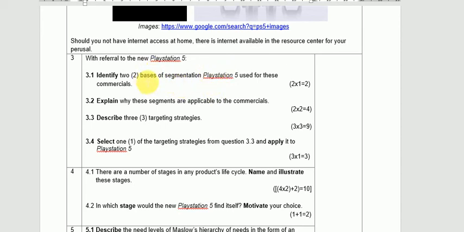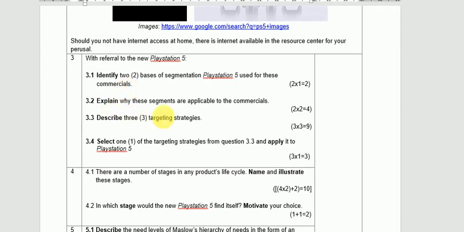In other words, you can work ahead if you want to, but only once we've completed chapter 5 will you be able to confidently answer question 3. 2 bases, again, identify them. It means just name them. No explanation required, no description required.